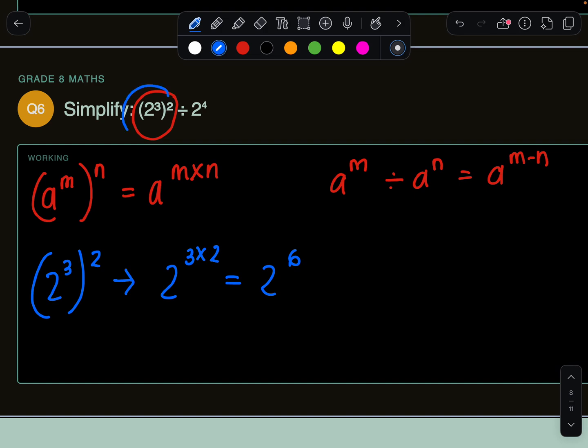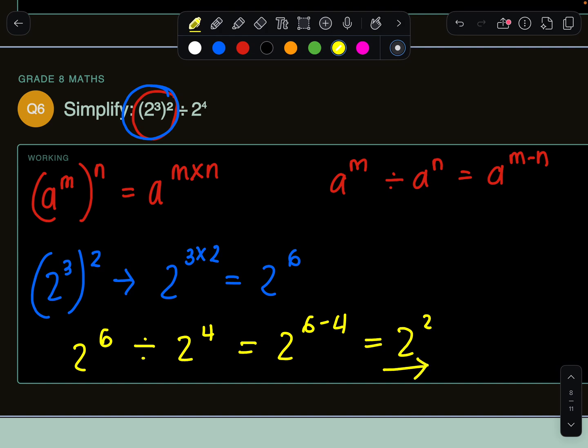So that is that first part. And then we are going to say 2 to the power of 6 divided by 2 to the power of 4, which is the same as saying 2 to the 6 minus 4. 6 minus 4 is 2, so 2 squared. So that is our final answer for that one.